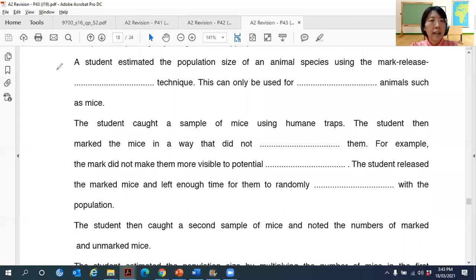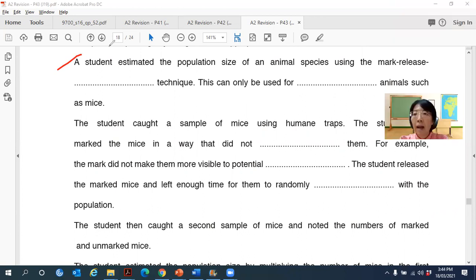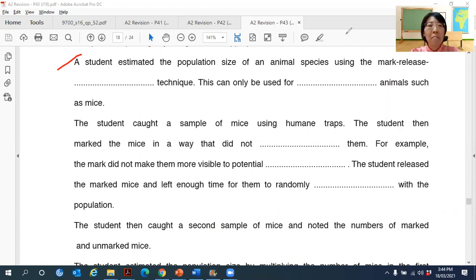A student estimates the population size of an animal species using the mark release recapture technique. I already gave you the answer. This can only be used for dash animals such as mice.